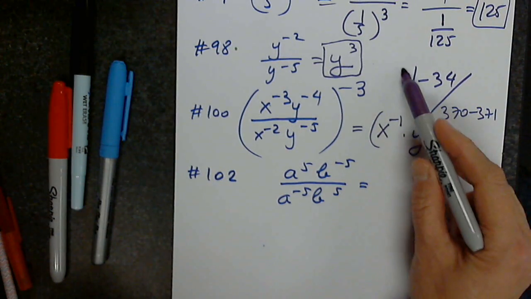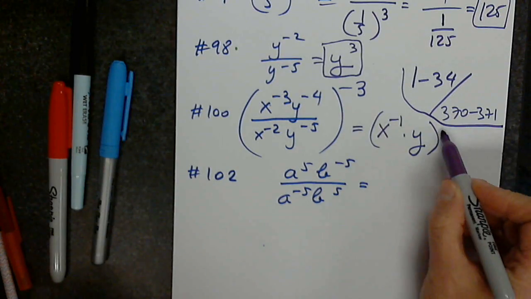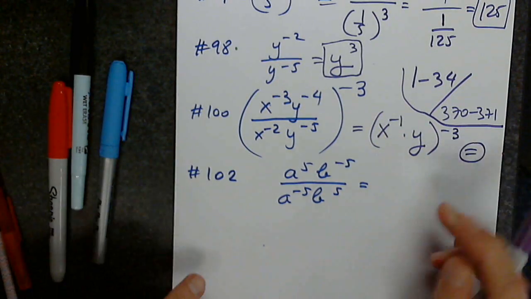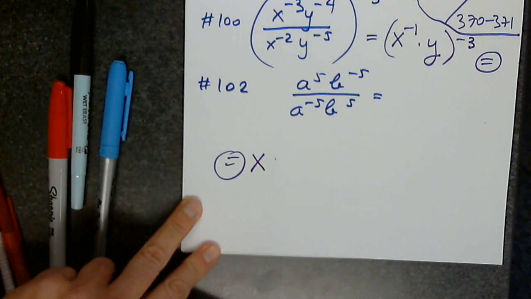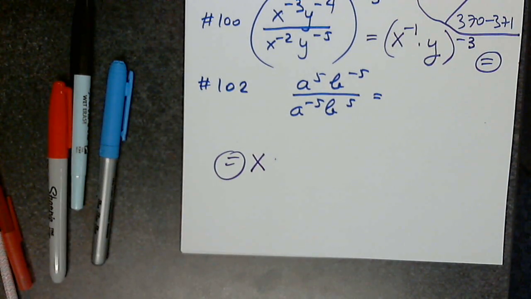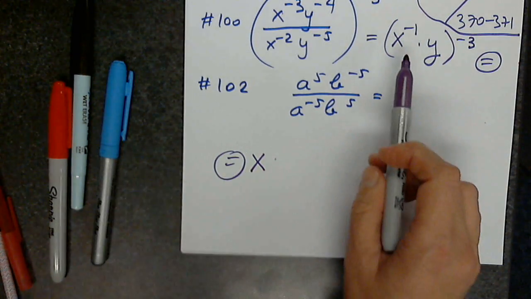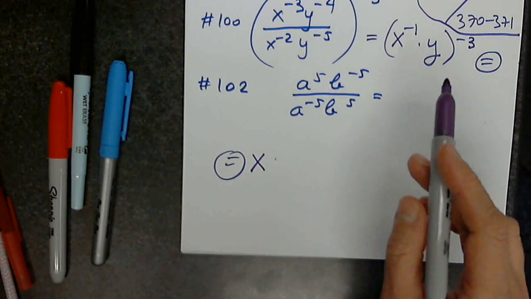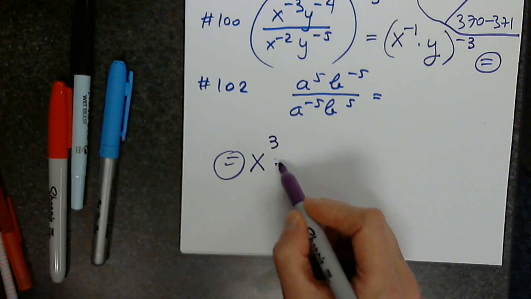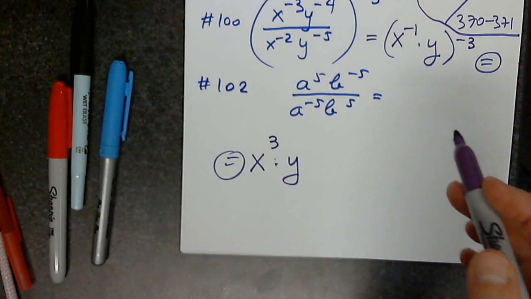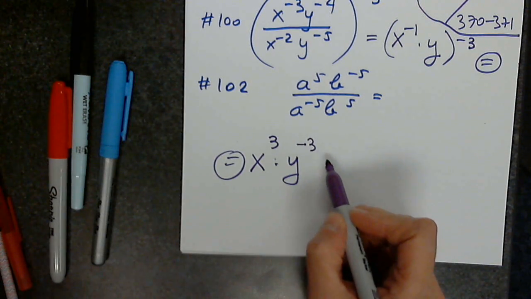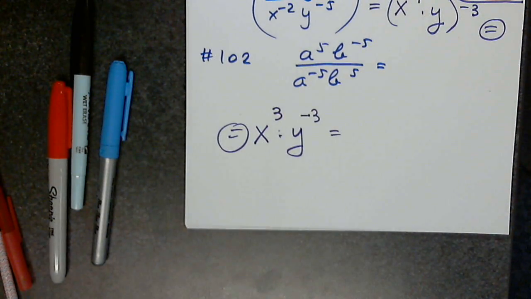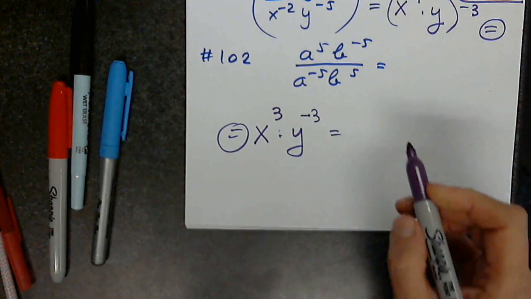And everything is raised to which power? Negative 3. So now, I copy x, and I raise it to which power? Negative 1 times negative 3. The power is? Good. Which of these two stays, and which goes? X stays, Y goes to the bottom. Wow.